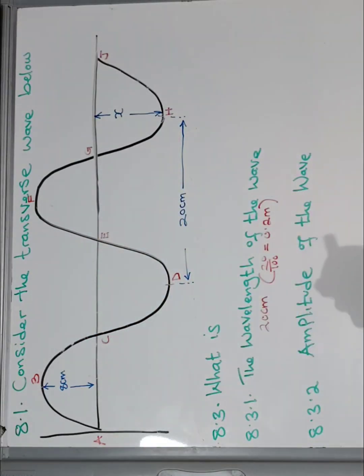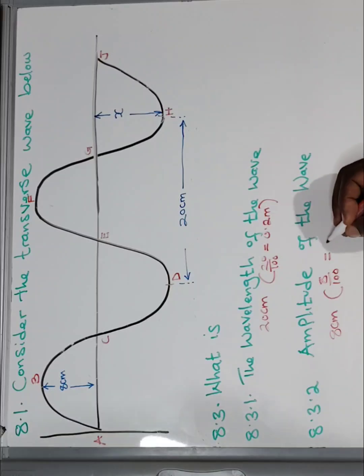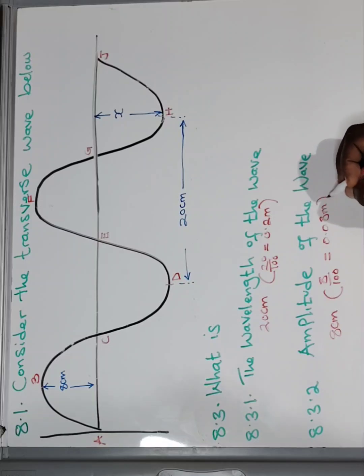So our amplitude is shown there, and it is 8 centimeter, or we can convert it to meters by dividing by 100. What you are going to get is 0.08 meters. So those are the questions which have come from this.